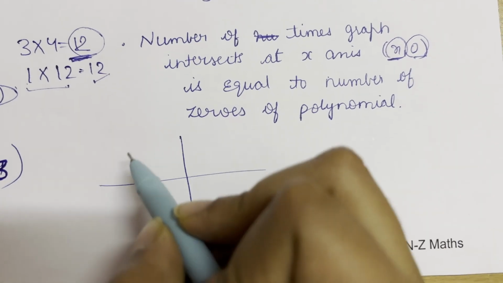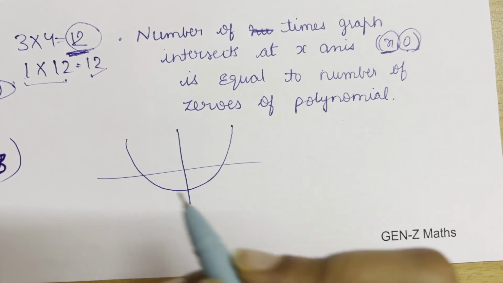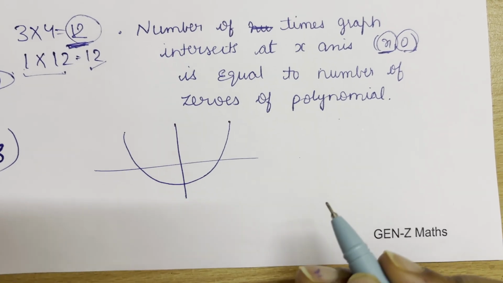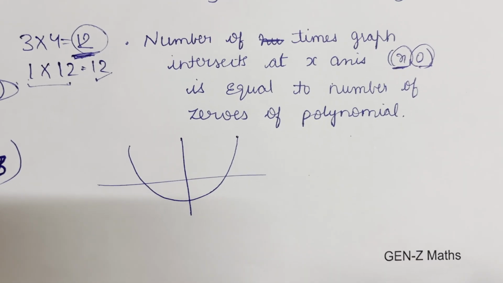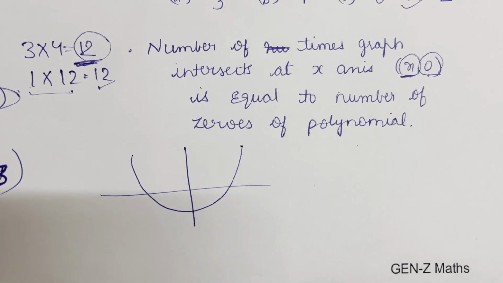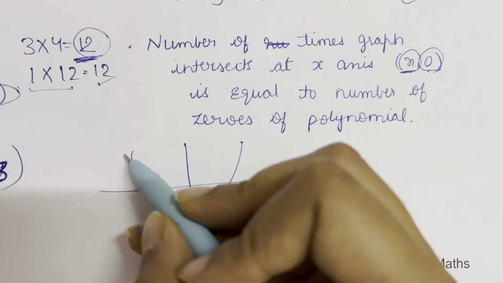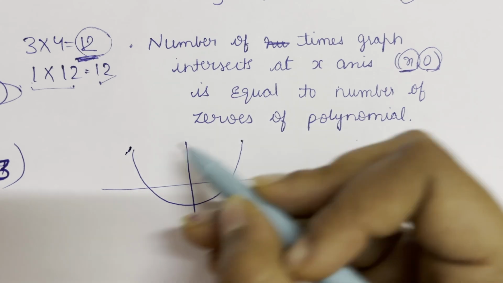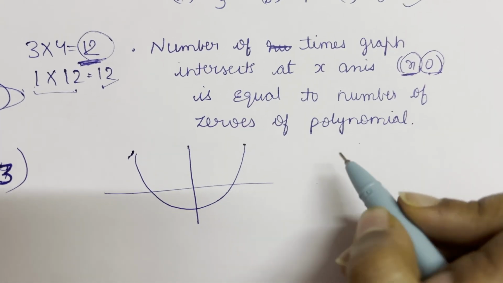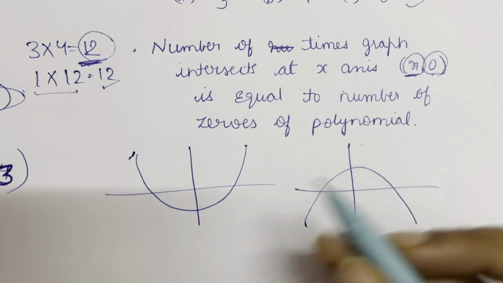We know that this is a graph of a quadratic polynomial. If you don't know, I'll tell you that for a quadratic equation, the graph is drawn in the form of a parabola. This shape is called a parabola, and this is basically called an upward parabola, and this one is a downward parabola.